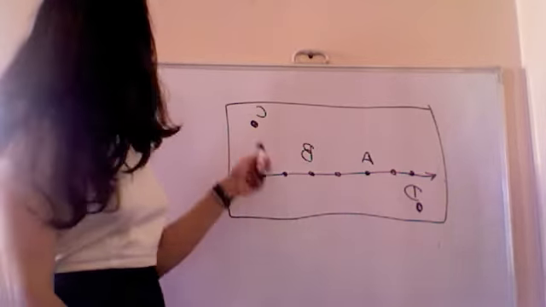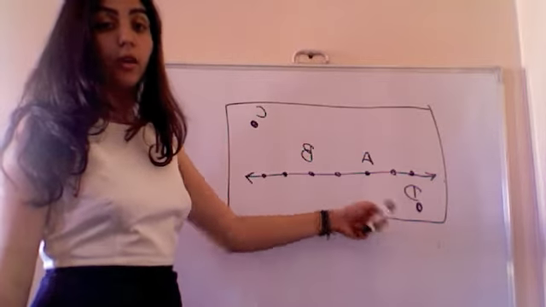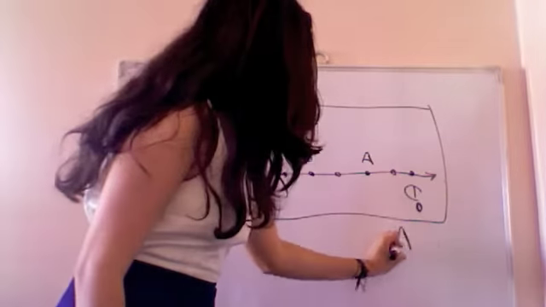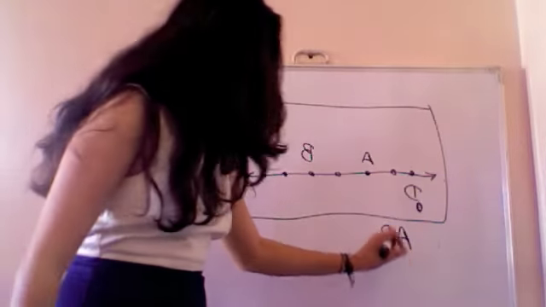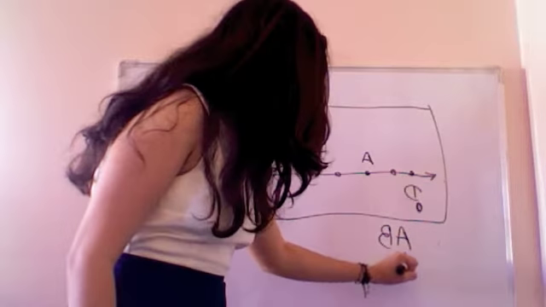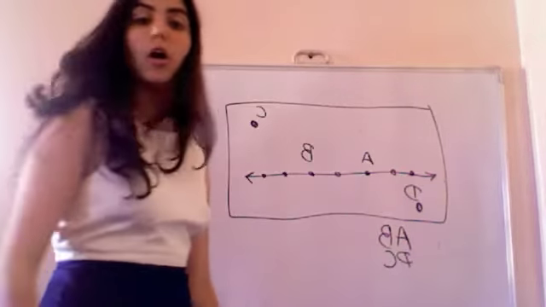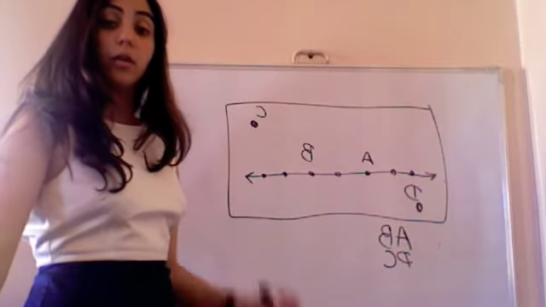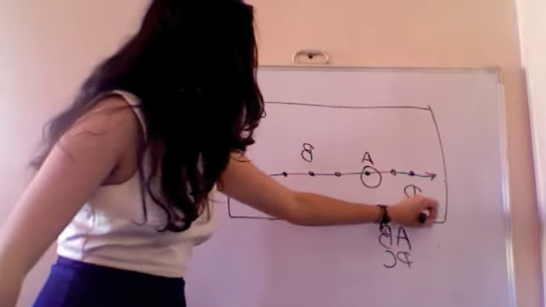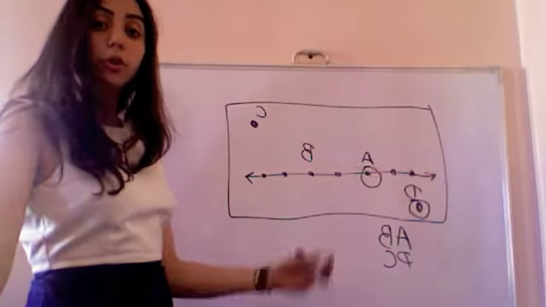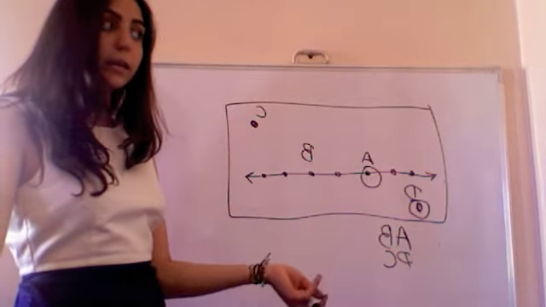But points C and D aren't. So points A and B are collinear, but points D and C are coplanar. But let's not forget that A and D are also coplanar because they're both on the same plane.